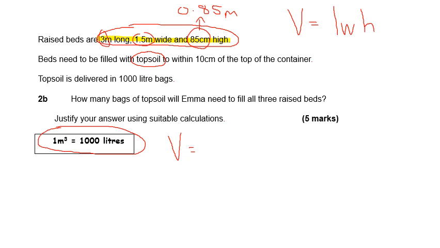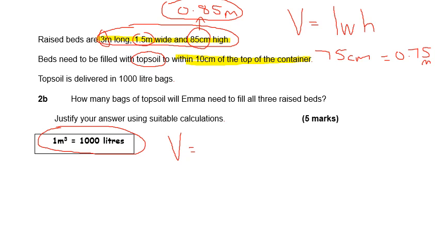And it tells us here that each bed is filled within 10 centimeters of the top of the container. So that means Emma's only filling it up to 75 centimeters, which essentially means the height of the topsoil is 0.75 meters. So perhaps we didn't have to do the converting up here.